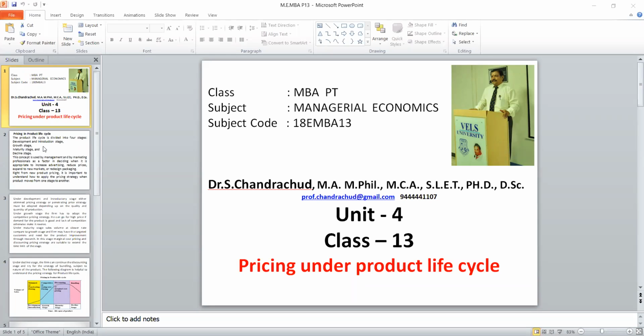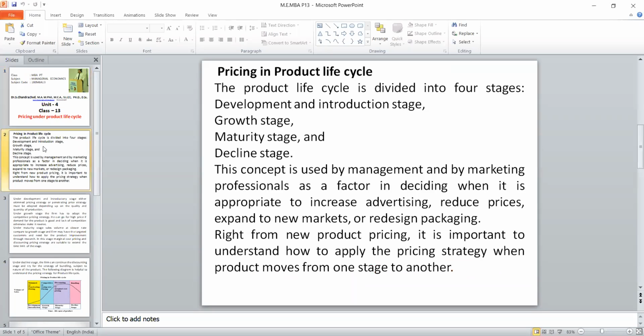So let us start with the stages. As I already told, the product life cycle has 4 stages. Stage one is how to develop and introduce the product. The second is how it should grow based on the market condition.